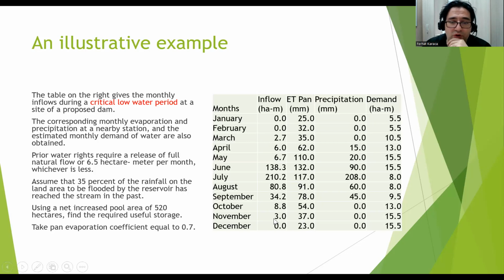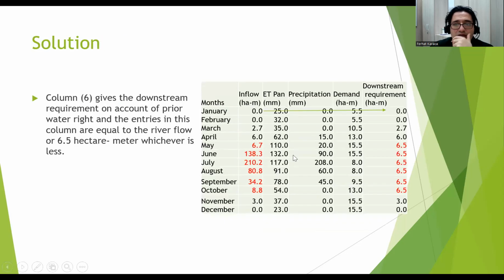And you also cannot keep water in November and December. It seems that if you construct a dam, you will be able to hold water only from May to October. In other months you cannot hold water. You should release all the flowing water into the nature, because that amount is required by the nature itself. This is a natural flow required by the plants, by the animals, and by the terrain you have over this area. Let's solve the problem.